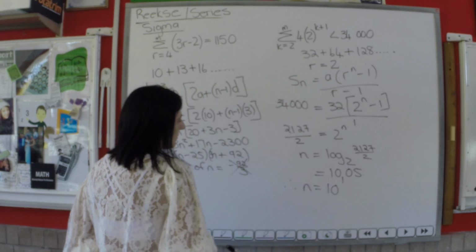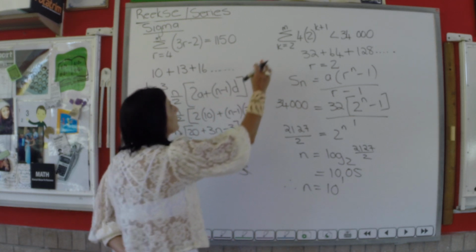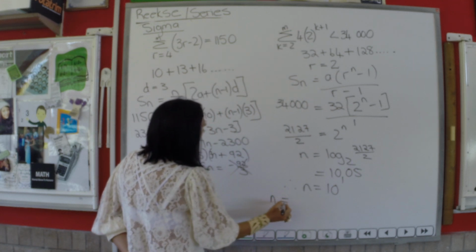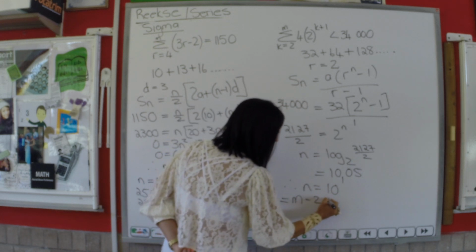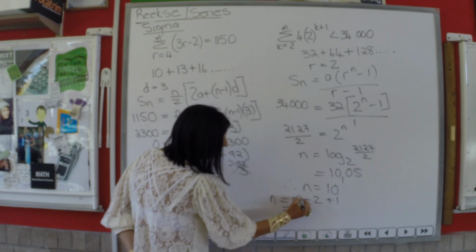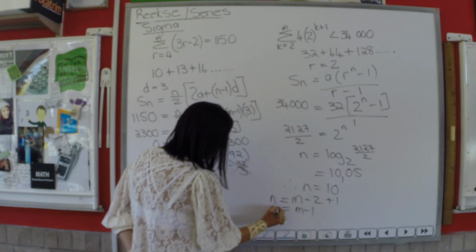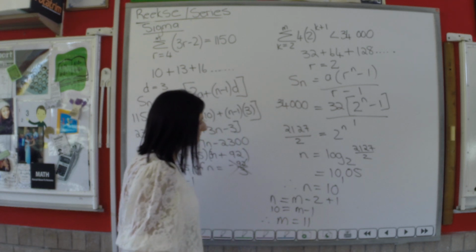So that will be n. But now be careful. N is not the value of n. If I want to calculate n, it's going to be the bigger value minus the smaller value plus 1. That gives me 10. Therefore, n actually equals 11.